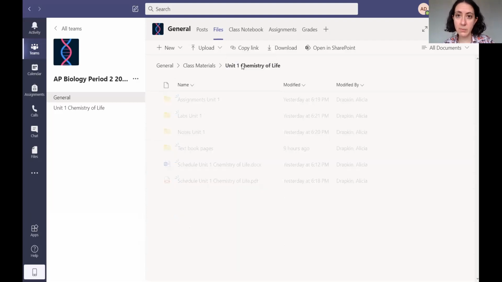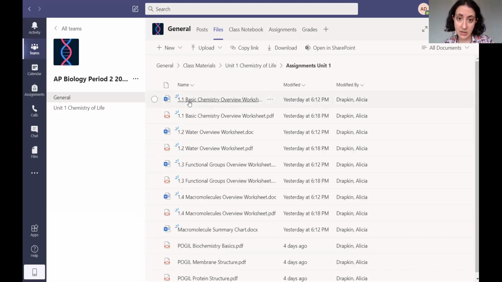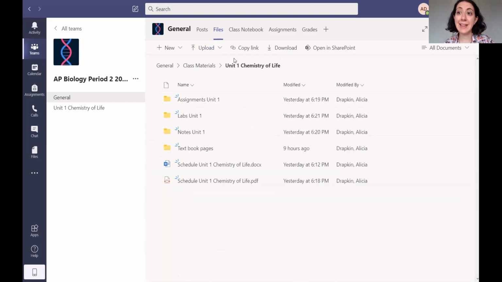Those are notes that could be relevant, and assignments that are relevant. Maybe the macromolecule overview, that might be good. None of this other stuff is very good. I don't have any labs for this one either. So just some good stuff to know. I'll see if I can add more things that you might find useful.